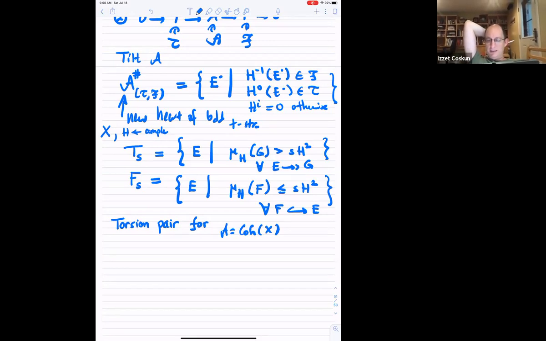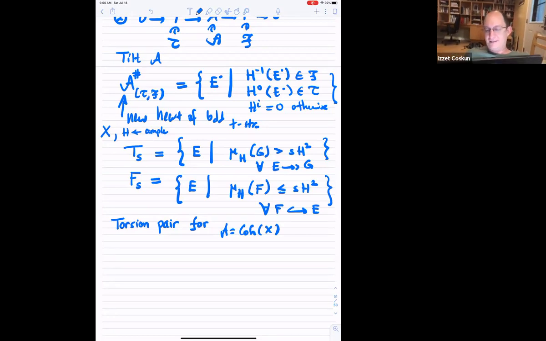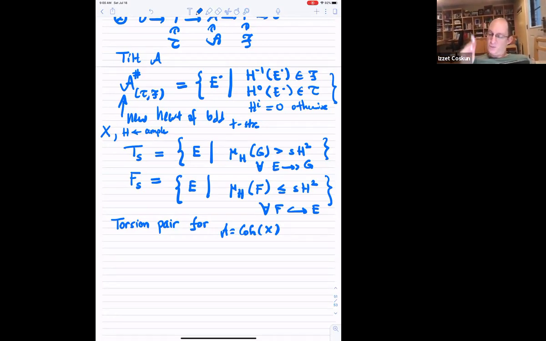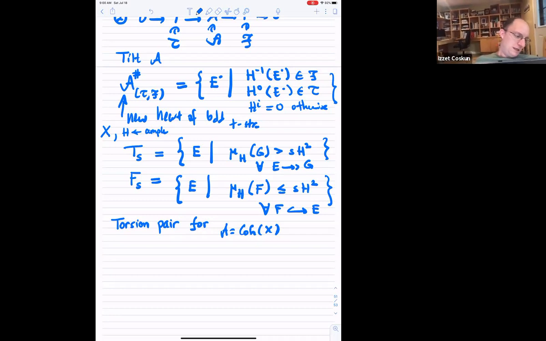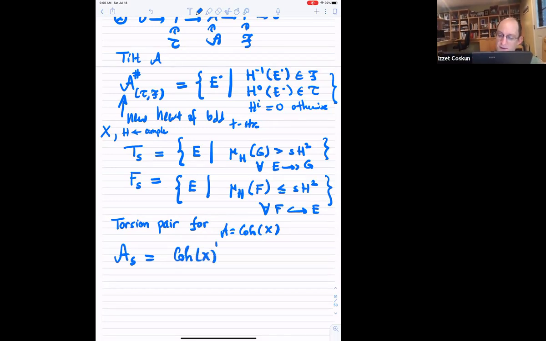By slope stability, any map like that has to be 0. And if you have any sheaf, then you can split it into parts where the Harder-Narasimhan factors have slope bigger than S H squared and those that have slope less than or equal to S H squared. Okay? So it is a torsion pair, and then what you do is you tilt. The category A_S that we are going to take is the tilt of the category of coherent sheaves with respect to this pair.